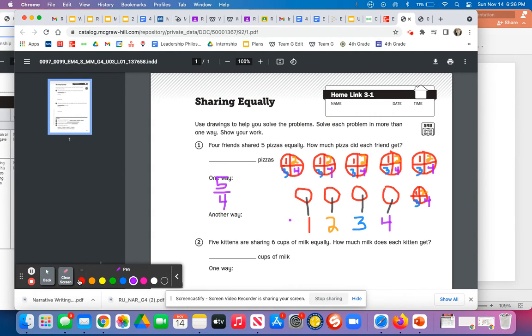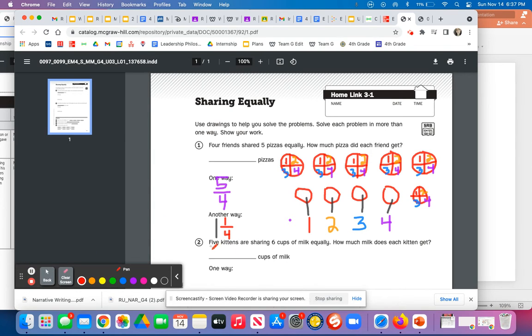So when we write that, it looks like this. 1 slice and one piece, 1 out of the 4 pieces. So you could write our answer either way. You could do it as an improper fraction, 5/4, or a mixed fraction, 1 and 1/4, or mixed number. Okay, that is number 1.